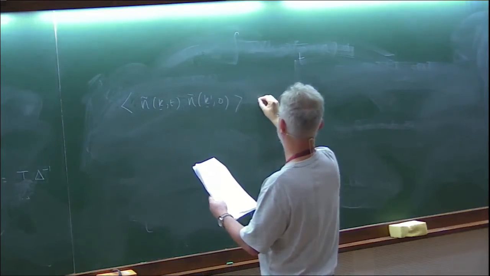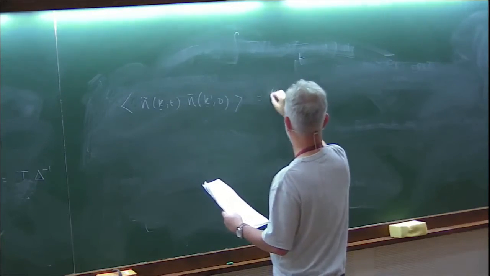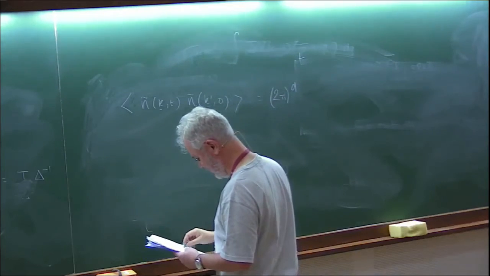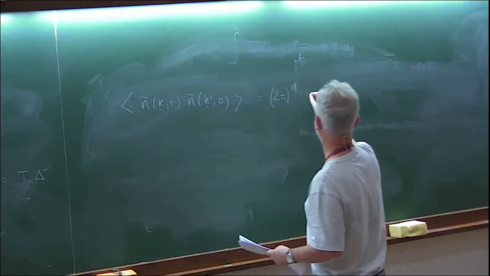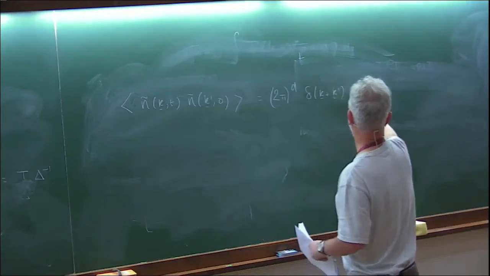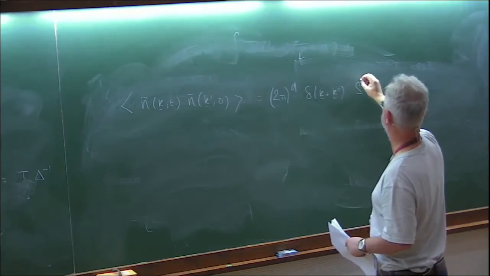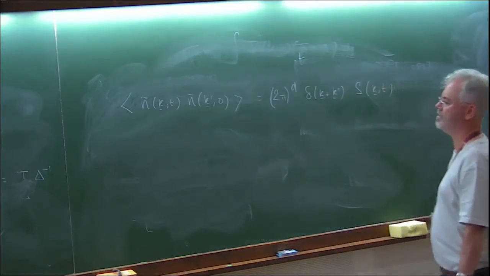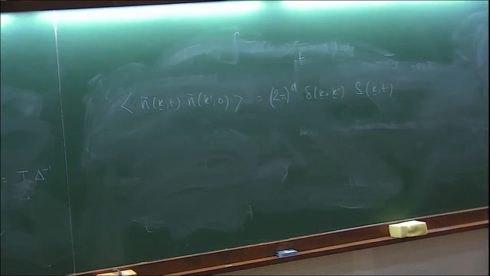And that's equal to 2 pi to the d, I've got another mistake in my notes, that's fine, delta of k plus k prime times, you can write down a dynamical structure factor, S of k of t. So at t equals 0, it's the usual static structure factor.